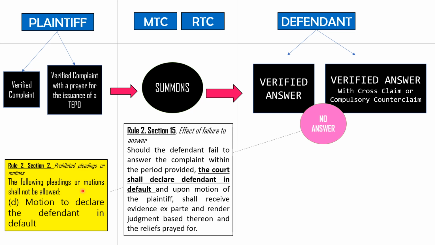Because if you're going to read your section 15 of your Rule 2, it is the court which shall declare the defendant in default. And all that you need to do, plaintiff, is just file a motion that the court will receive your evidence ex parte and it will render judgment based on the evidence and your prayer.